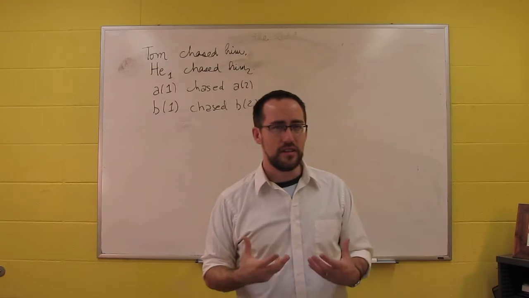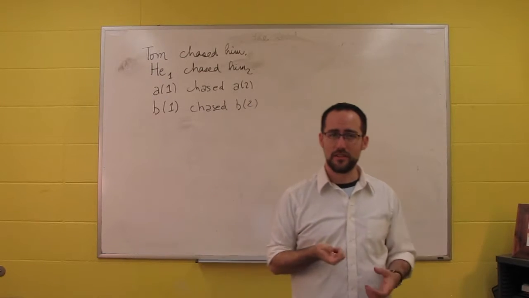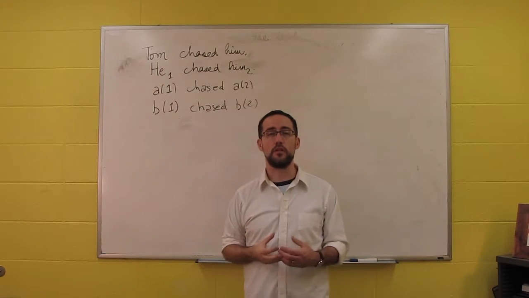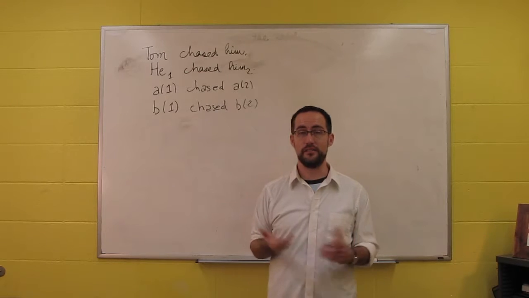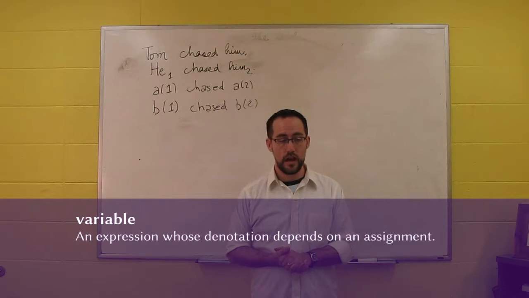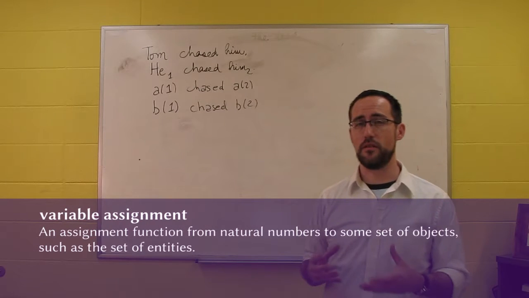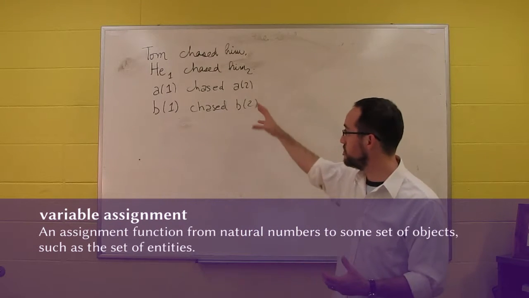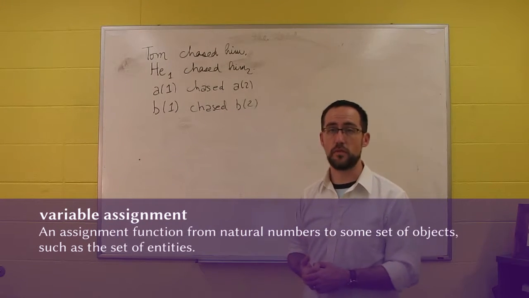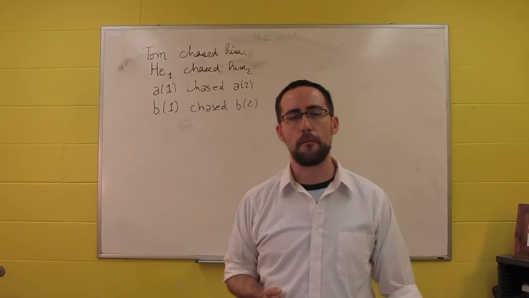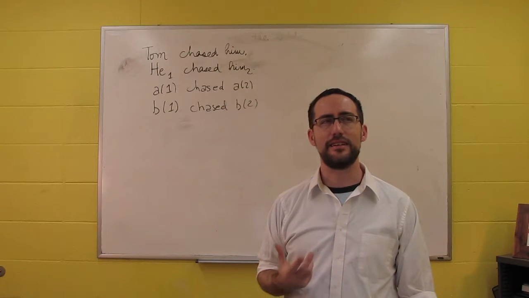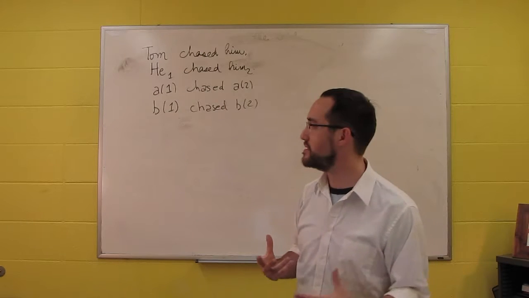When an expression has a meaning that depends on an assignment, then we will call that a variable, and we can define it exactly like that. And we'll use the term variable assignment to describe the sorts of assignments that we'll be using that involve these kinds of expressions. Now, how do we express an assignment?